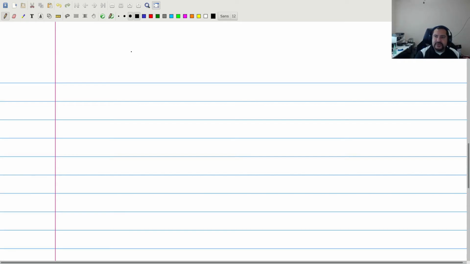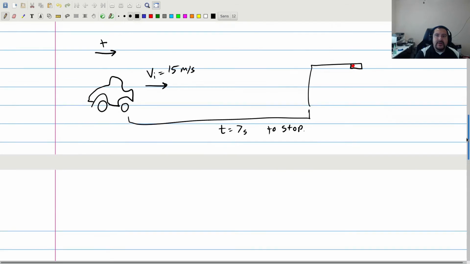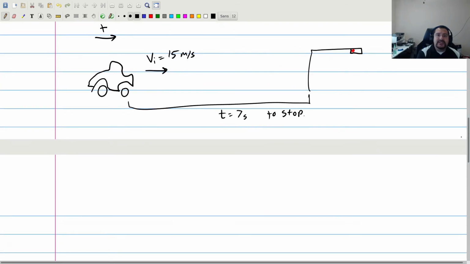Well, in order to solve that, and apparently I lost my drawing. Here we go. Okay, so in order to figure out what is the acceleration, again, I'm going to use the acceleration formula.